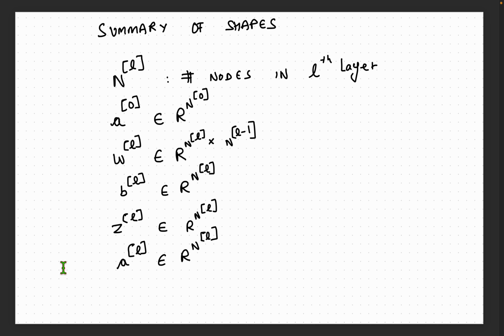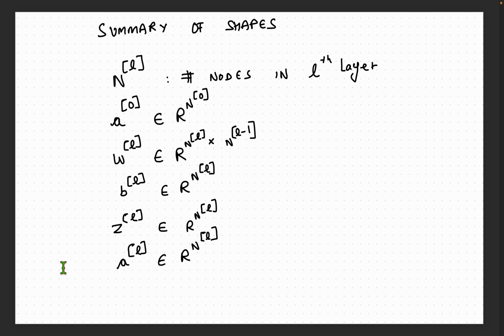Let's try to go through them one by one. N superscript L is the number of nodes in the Lth layer. A superscript 0 is the input layer, as you know, and its size is the number of features that you have. Then the weight matrix of any layer will be of size R^(N superscript L cross N superscript L minus 1).